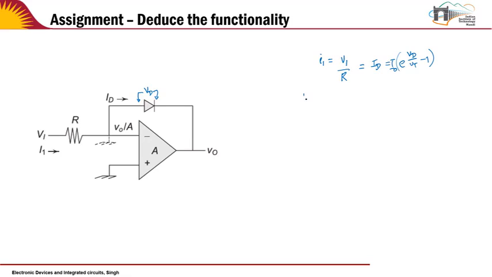So I can write this as V1 over R I naught plus 1 is equal to exponential of VD over VT.